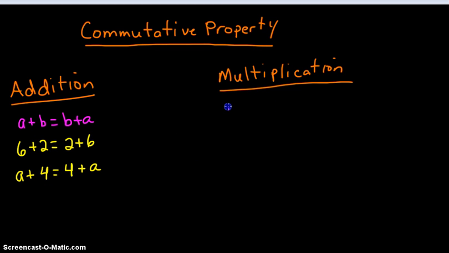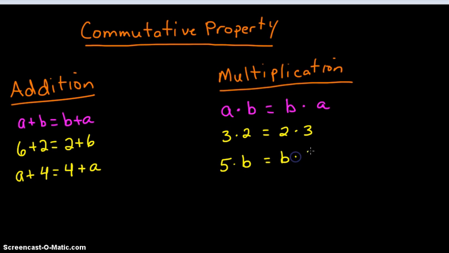Multiplication. A times B equals B times A. I'll use some numbers. 3 times 2 is the same as 2 times 3, which is 6 and 6. 5 times B equals B times 5.